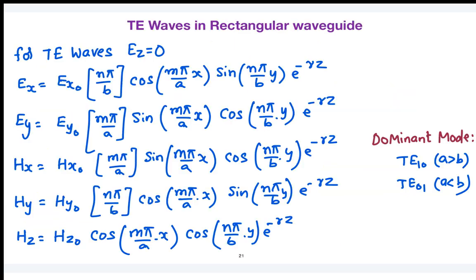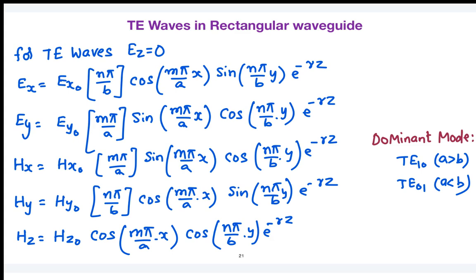Okay. So the next case, in the same way, I don't want to elaborate the complete things. So apart from cutoff frequency, your phase velocity and the wave angle definition, everything is the same.